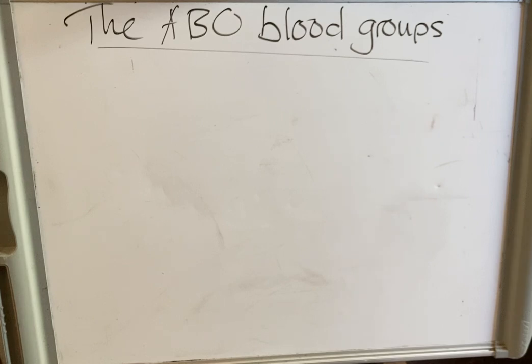I want to present this lesson on ABO blood group inheritance, meaning how do we inherit blood groups from our parents, that is ABO. Now, blood groups are controlled by 3 alleles.